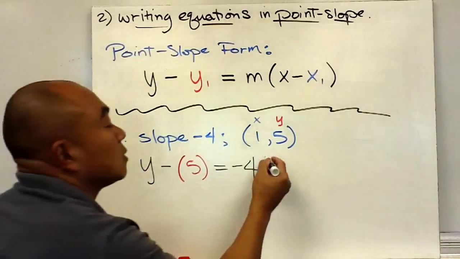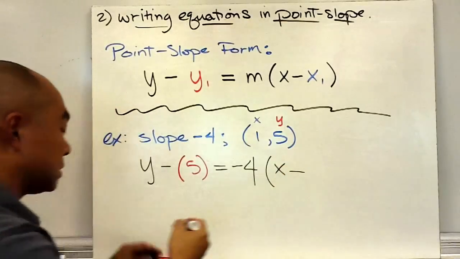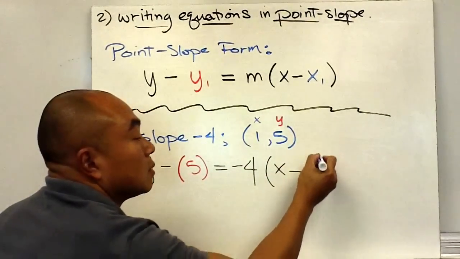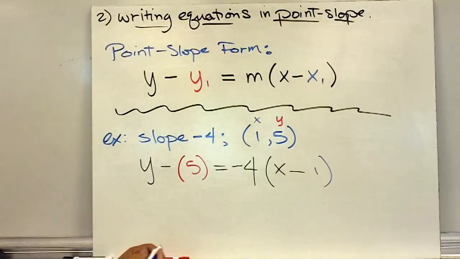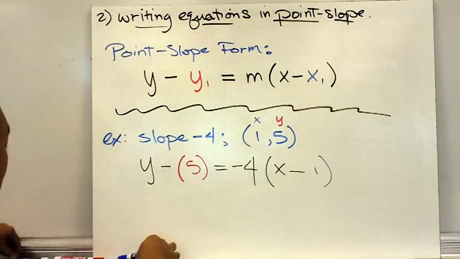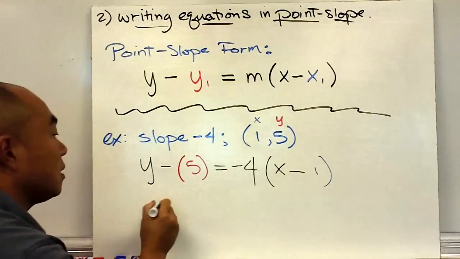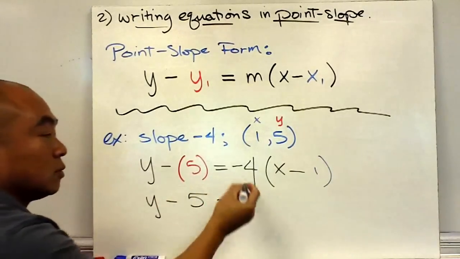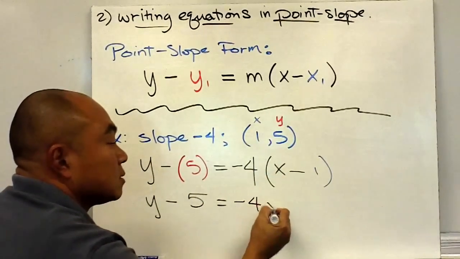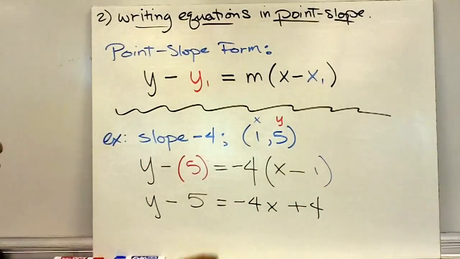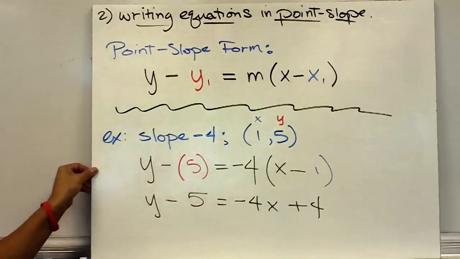And then x minus, and then our x1 is right here, or 1. Okay? And then we can finish this up. So it's going to look like y minus 5 is equal to -4x, and then plus 4. And then this is our point-slope form. Alright, let's move on.